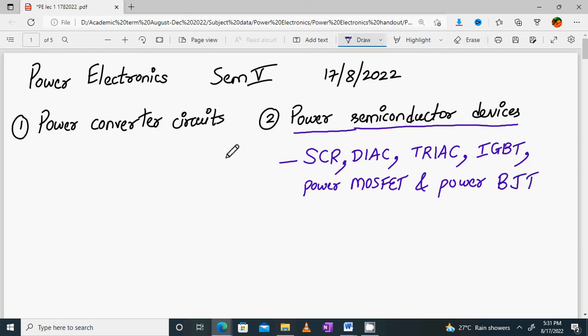So these are the various power semiconductor devices which we are going to study.